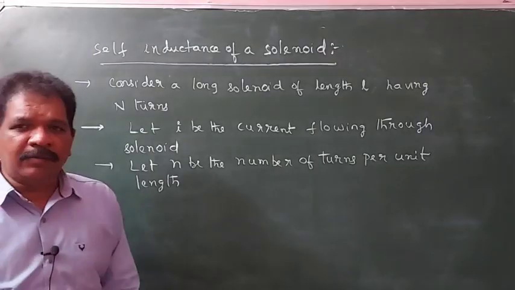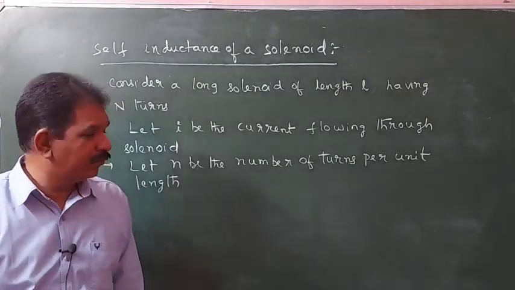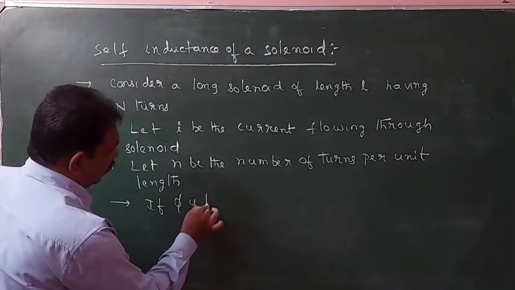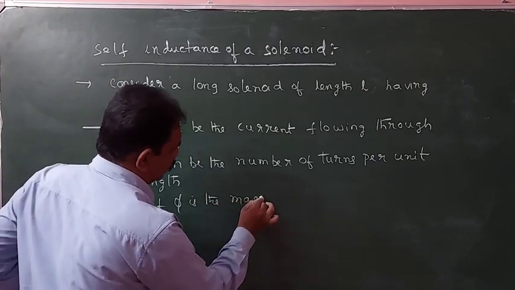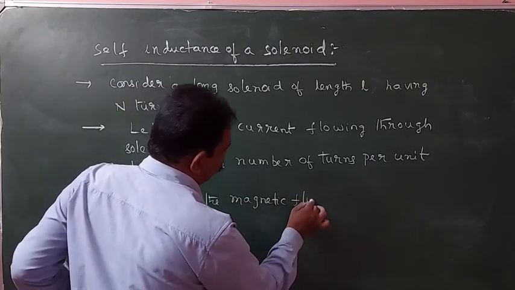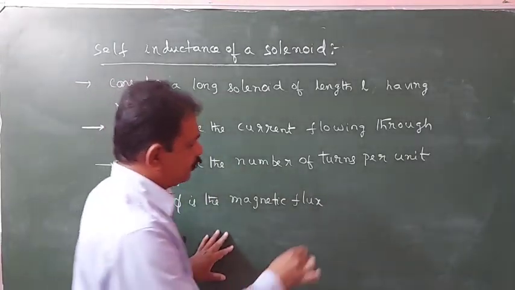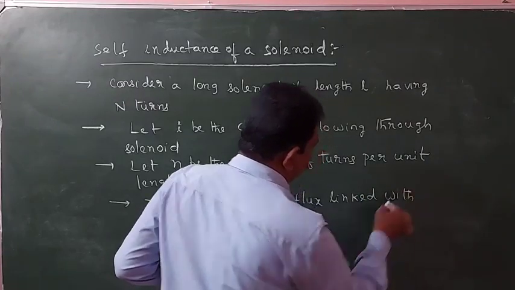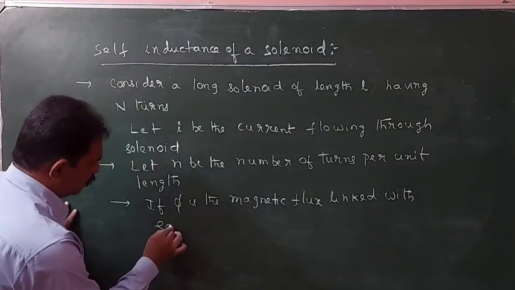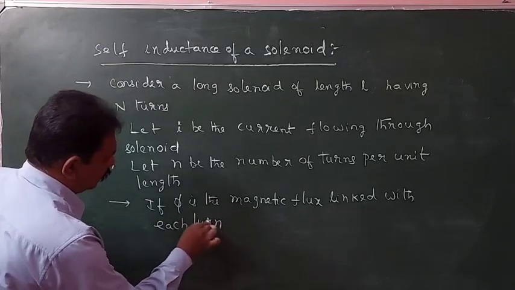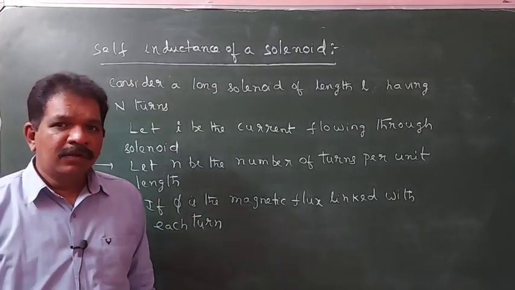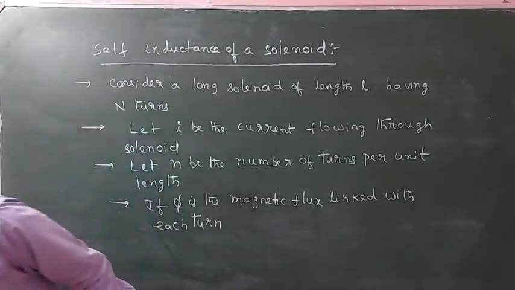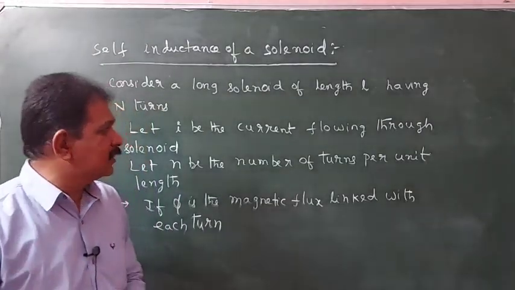If phi is the magnetic flux linked with each turn, here totally how many turns are there?